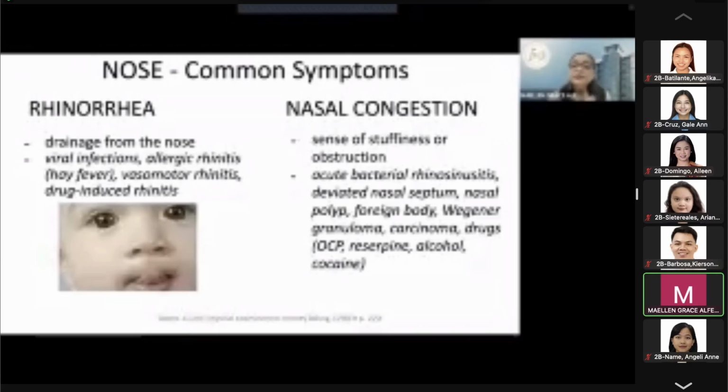Nasal congestion is a sense of stuffiness or obstruction in the nasal cavity. It can also occur in deviated nasal septum, nasal polyp, a foreign body, Wegener granuloma or carcinoma, and also drugs. The common culprits are oral contraceptive pills, reserpine, alcohol, and also cocaine.